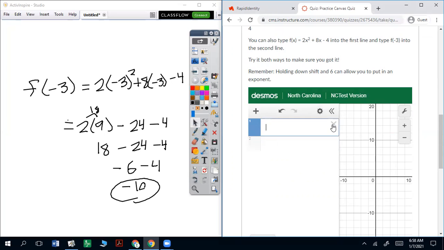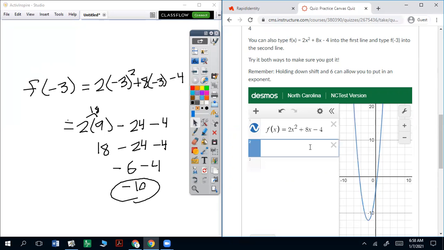But I propose a different way to do this as well, and that's using the f of x notation. With that, you would do f parentheses x equals 2x squared plus 8x minus 4. So you would just type in the function without plugging in any numbers, but having the f of x there. So that allows you to go back and go to a new line and say f of negative 3.